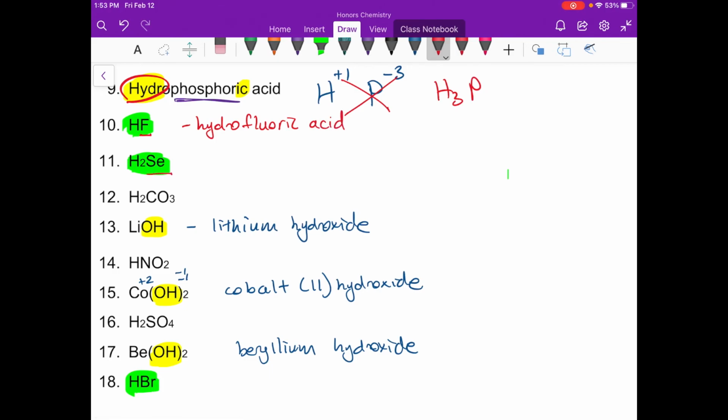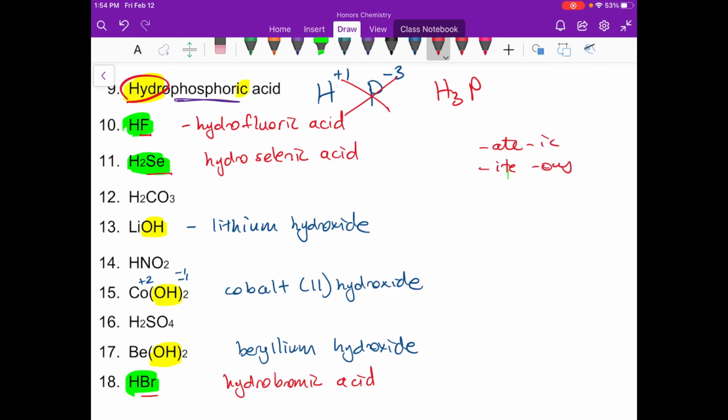This one is selenium, hydroselenic acid. This one, bromine, hydrobromic acid.